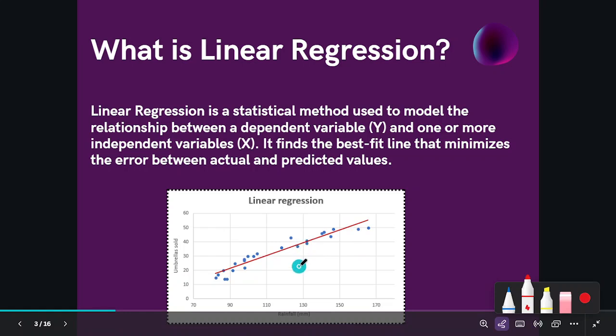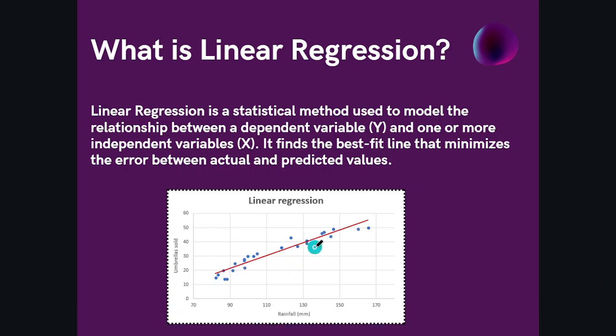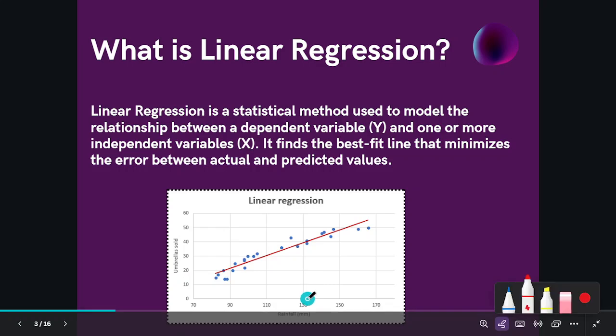Suppose there is a data point over here. Let's see, it is like 0.131 point something, so this much amount of rainfall took place.